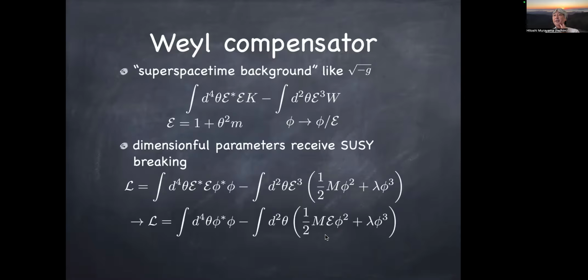That gives you this extra power of the parameter in the end. And it contains theta squared m. Theta squared can be integrated over theta to give you 1. So you find m phi squared. And that is a mass term that breaks supersymmetry. Generically, at tree level, you get this contribution to the potential.